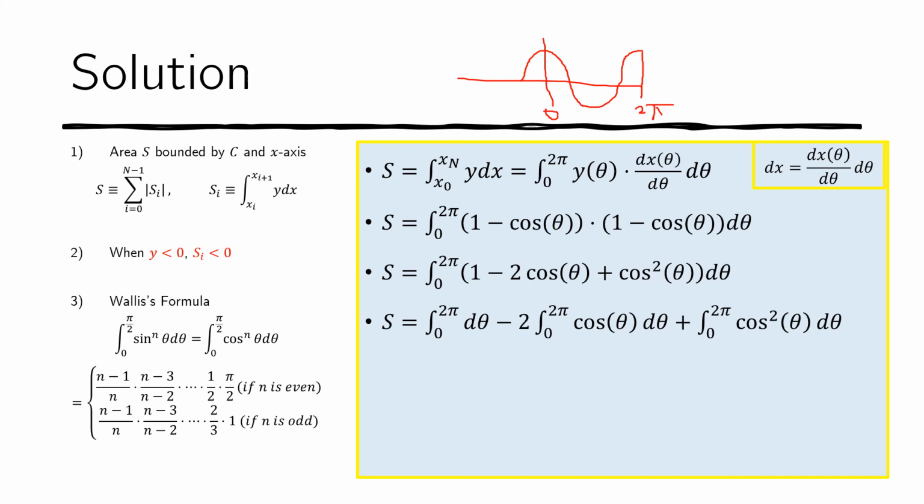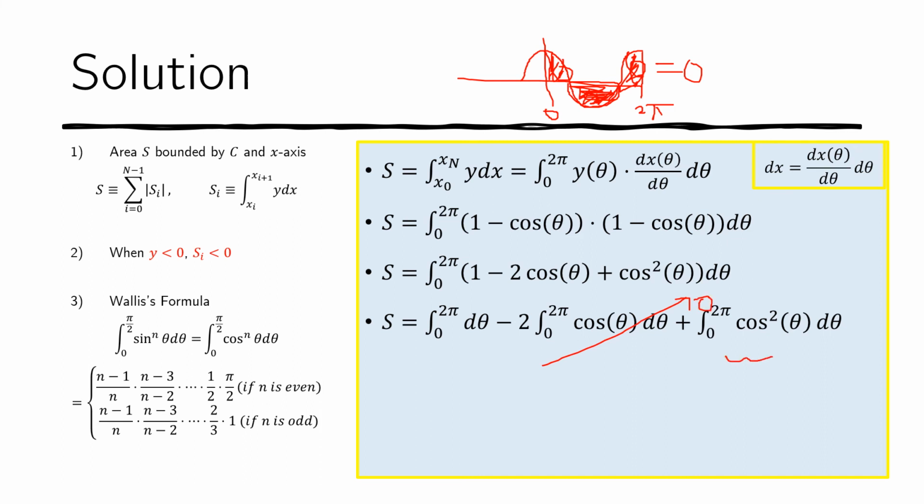If we're integrating from 0 to 2 pi, that means we're getting the area from 0 to 2 pi. This bit here is equal to this bit, and because of the symmetry of the cosine function, this area here is equal to the area here plus the area here. But because here we have a negative area, when we add them all together, we get 0. This is also true for the sine function. And so we know that this bit here goes to 0.